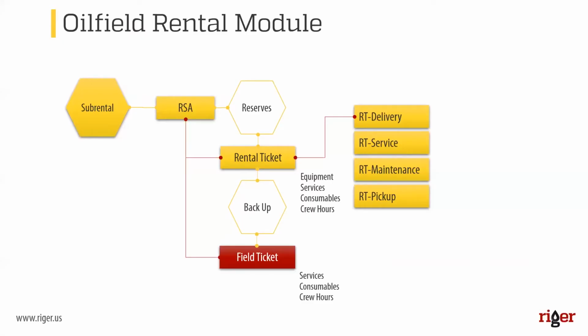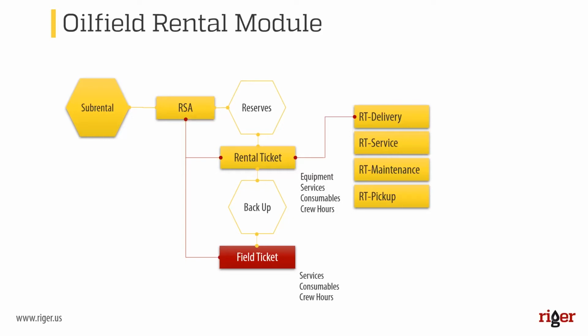So let's start with a general overview of functional groups or modules that are part of the general oilfield rental configuration of the RigER software. Sometimes this configuration can be pretty complex because we are able to configure the database and the software itself for your specific needs and requirements, depending on your business processes, your business operations, and the different business branches or departments that you use in your organization to provide different kinds of services.